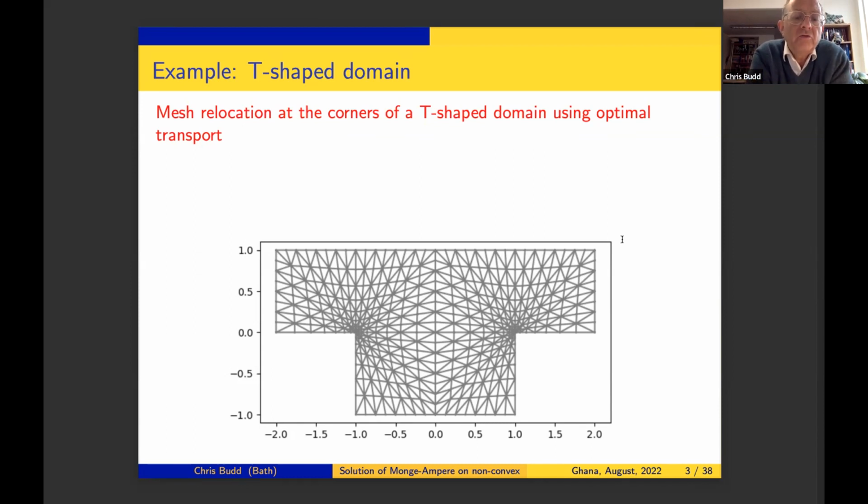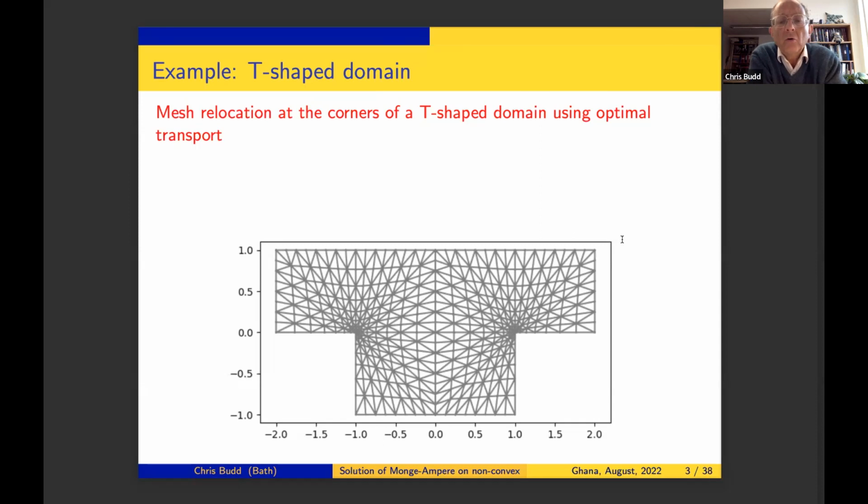And so you need, in that circumstance, to have a mesh which is refined close to the corner. And here is one that we've generated using the technology, which I'm going to describe in some detail in this talk. And you can see that the mesh has really got quite a lot of very nice features. It's concentrated by the corners, which is where you need it to be concentrated. It's got nice regular triangles.